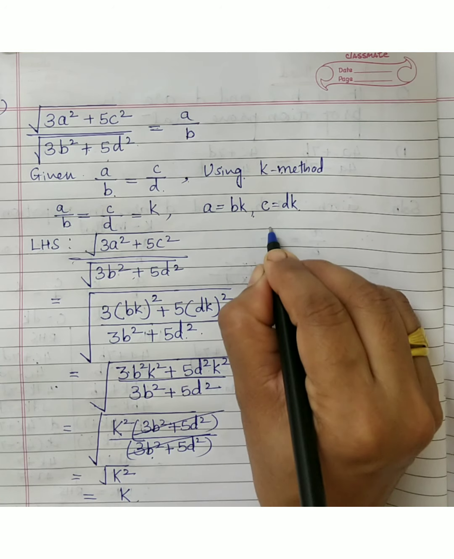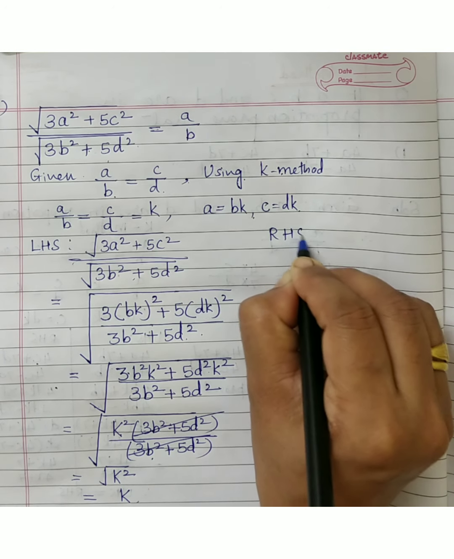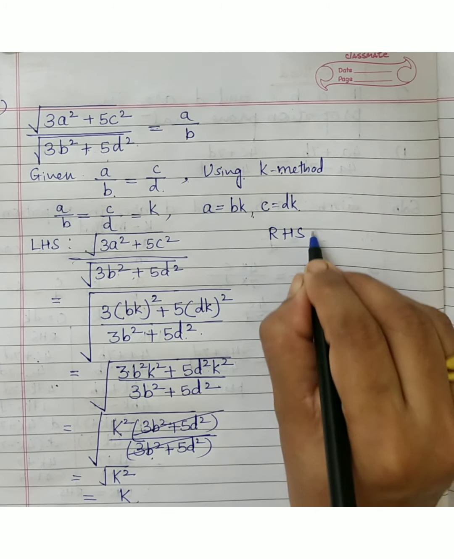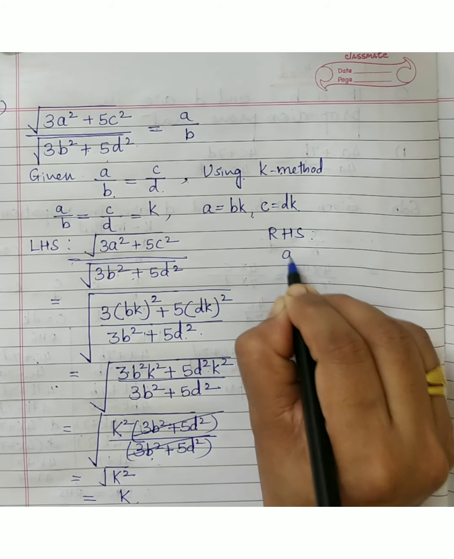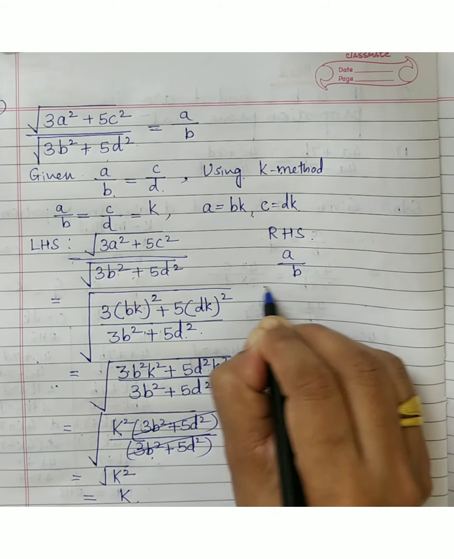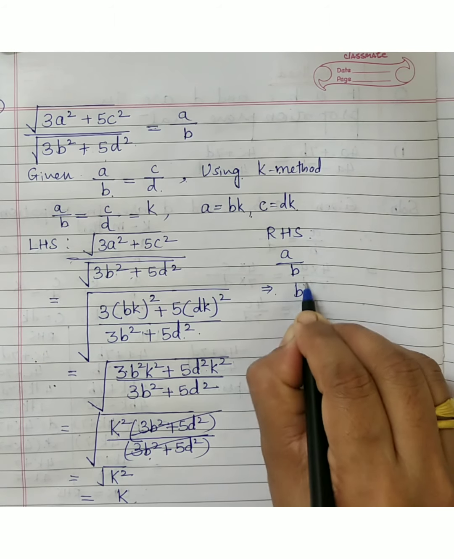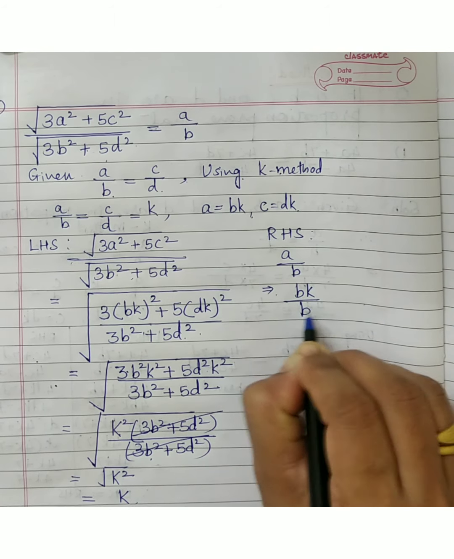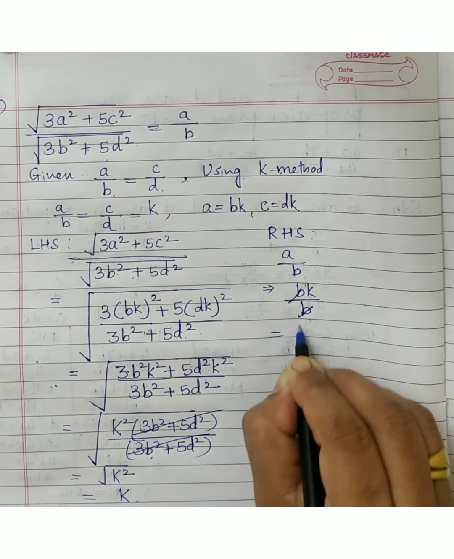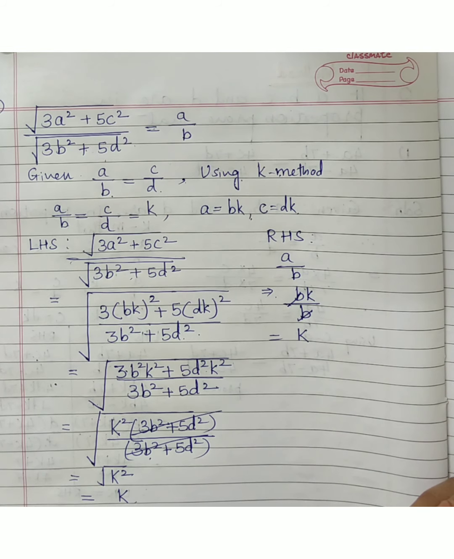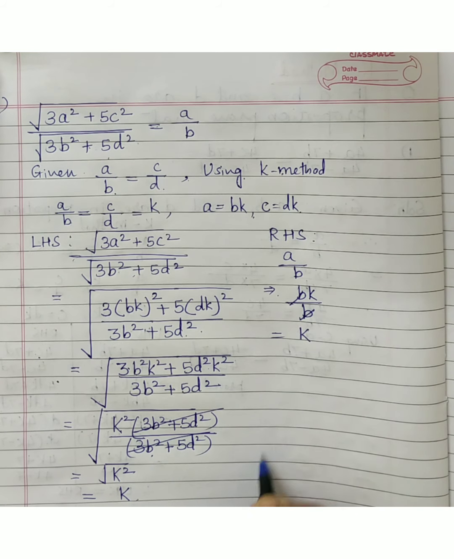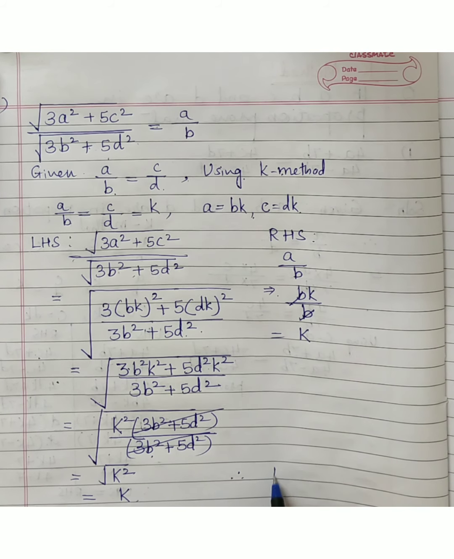Now go for RHS. What is RHS? A upon b. So here also put a is equal to bk upon b. What have you got? K. So here what you can show?